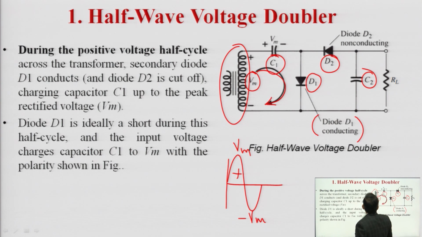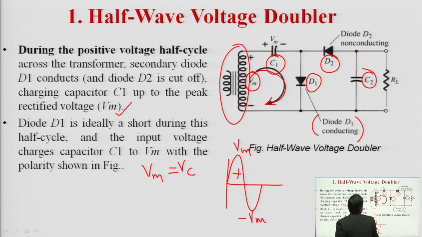Once this diode is conducting, capacitor C1 will be charged to the maximum value, which is Vm. How can we say this? If we apply KVL in this particular loop, then Vm equals Vc1.